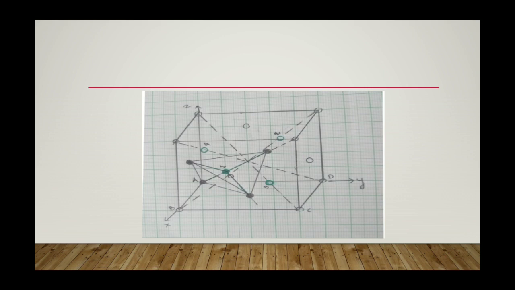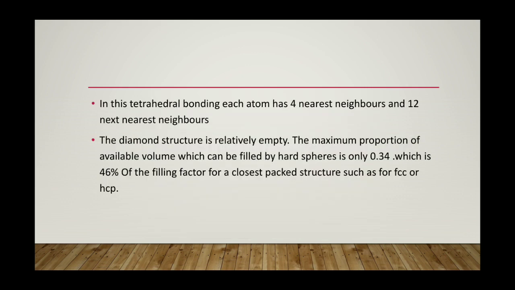Here you can see the tetrahedral bonding in the diamond cubic. Each carbon atom shares bonds with 4 other atoms. In this tetrahedral bonding, each atom has 4 nearest neighbors and 12 next nearest neighbors. The diamond structure is relatively empty.